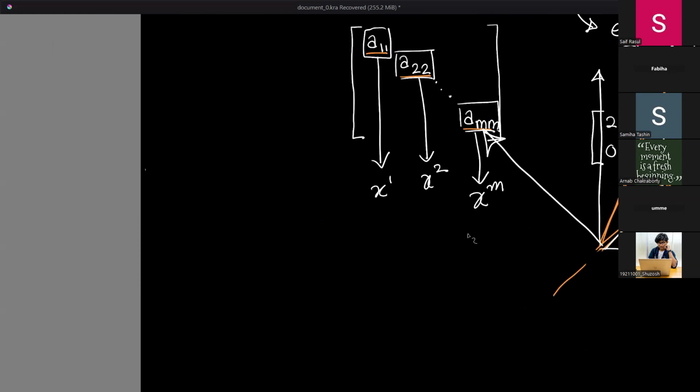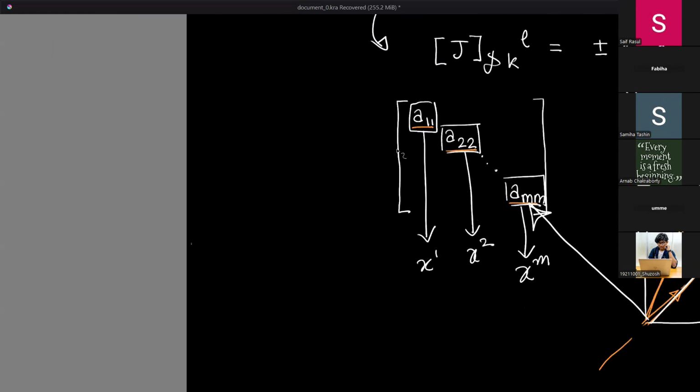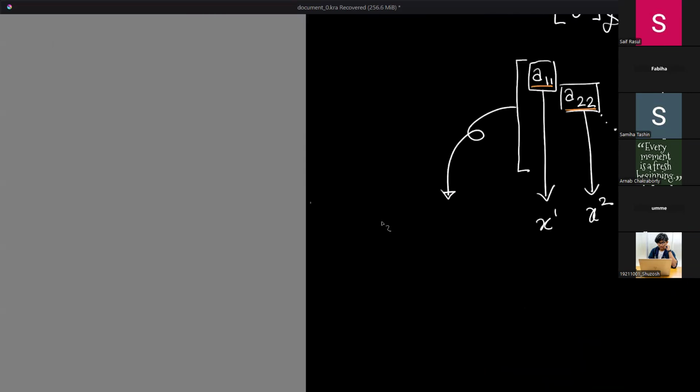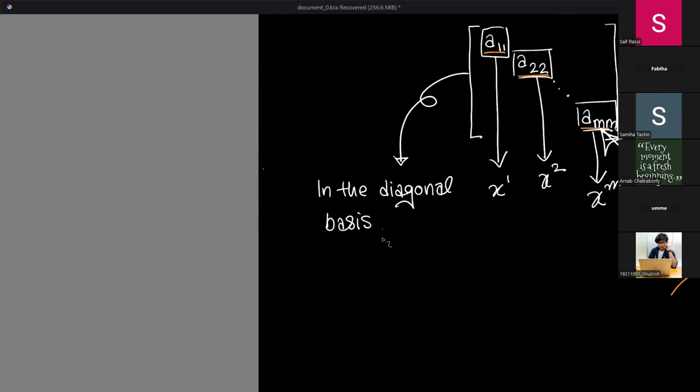eigenvector. So in the diagonal basis, this is also something that you can prove in linear algebra, all the basis vectors are eigenvectors.